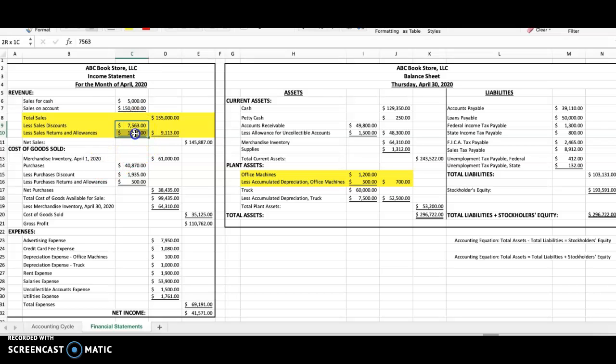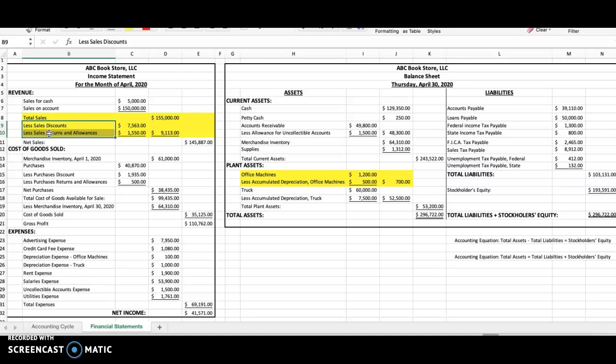When you add these two negative numbers, they come to 9,113, and that is subtracted from our total sales. So we have net sales of 145,887.